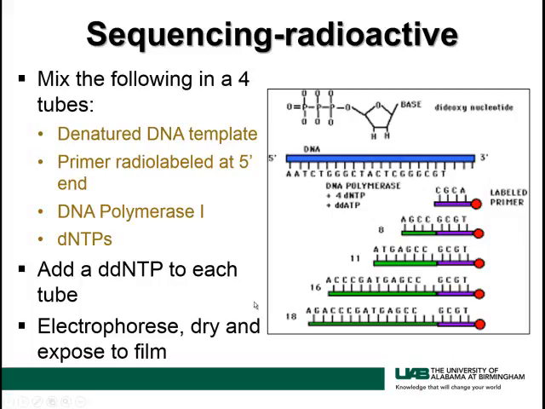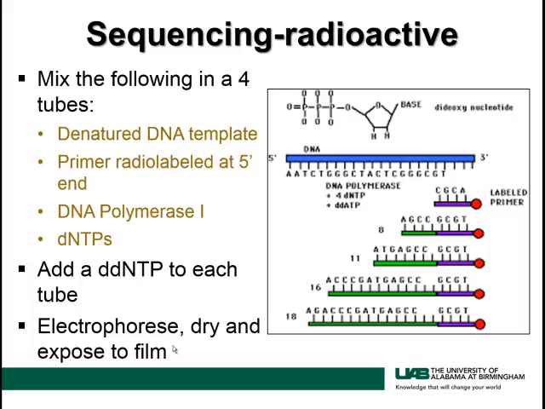So all these can be electrophoresed to separate them on a denaturing acrylamide gel. The reason why denaturing acrylamide gel is used is because acrylamide gel has the ability to separate two nucleotide chains or fragments that differ by one nucleotide or one base.